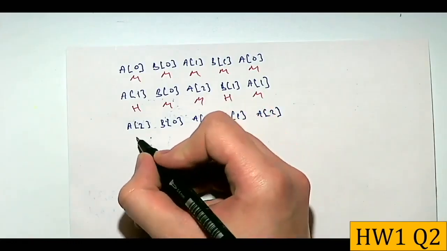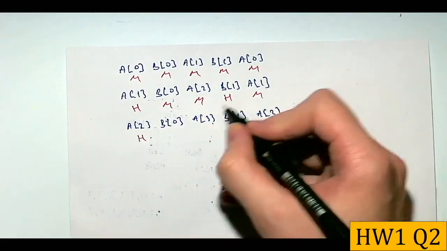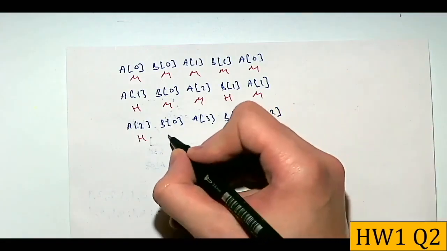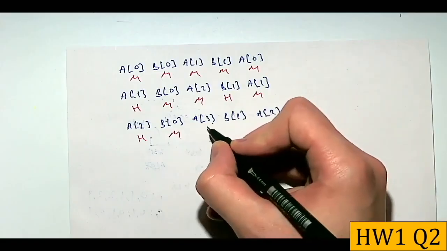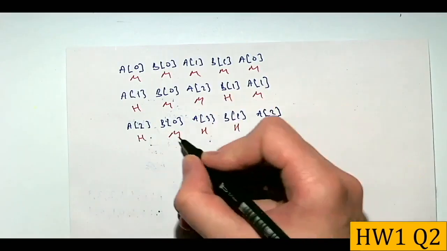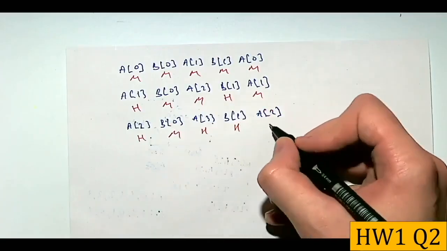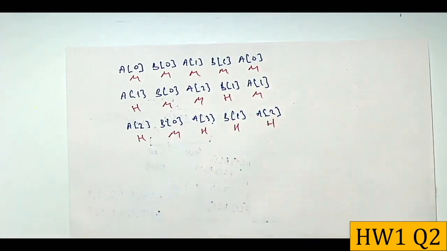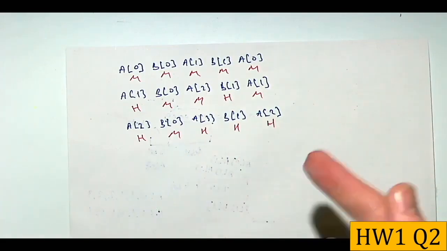Nobody evicted it. This is a hit. Do we have B0? No, because last time we accessed A1, which evicted B0. This is a miss. This is a hit. A3 came together with A2. And then this is a hit because B0 brought the cache line. And then A2 is hit again. Okay, so this is what happens in the third iteration.